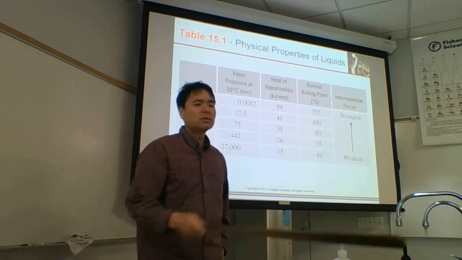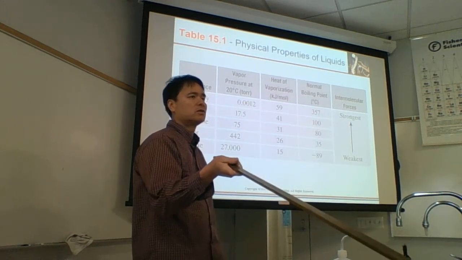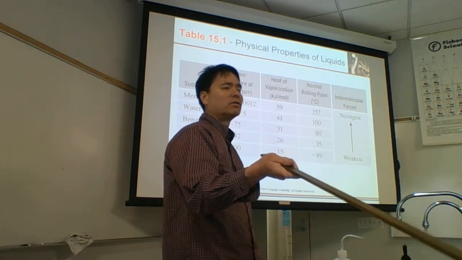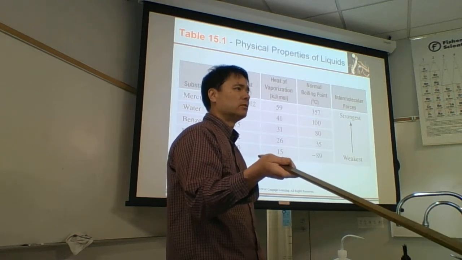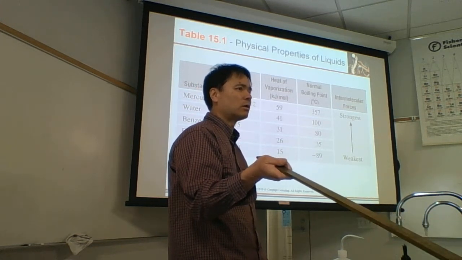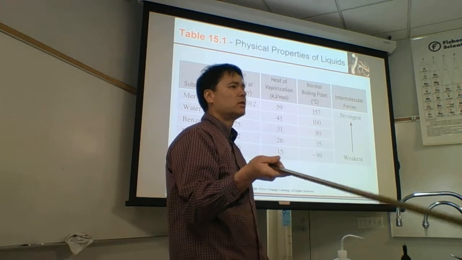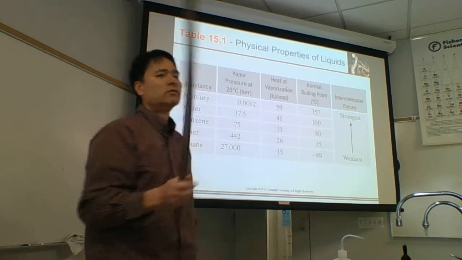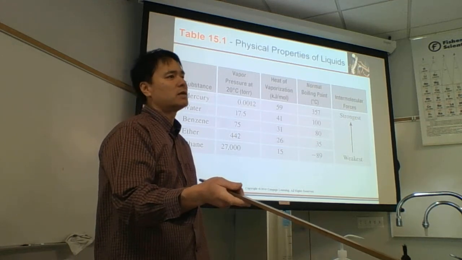The stronger the intermolecular forces, the greater the surface tension or the weaker the surface tension? So for example, if I try to float a paperclip on water versus maple syrup, what's easier to float a paperclip on, maple syrup or water? Maple syrup, because it's got stronger intermolecular forces. Versus gasoline. If I try to do this on gasoline, forget it.